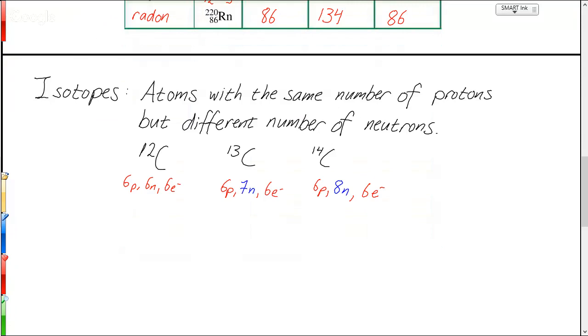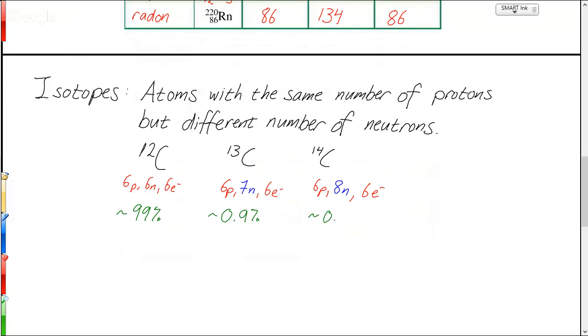For carbon, just as an example, carbon-12 accounts for about 99% of the carbon in the world. Carbon-13 is about 0.9%. These are approximate numbers.